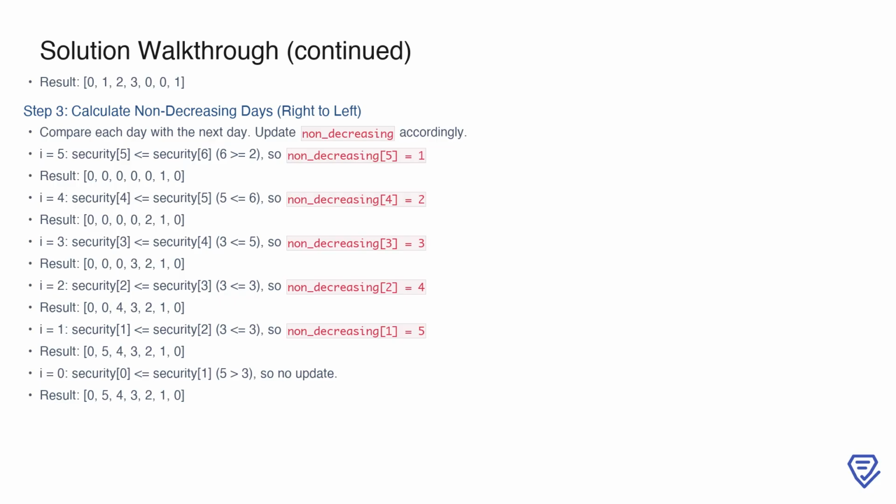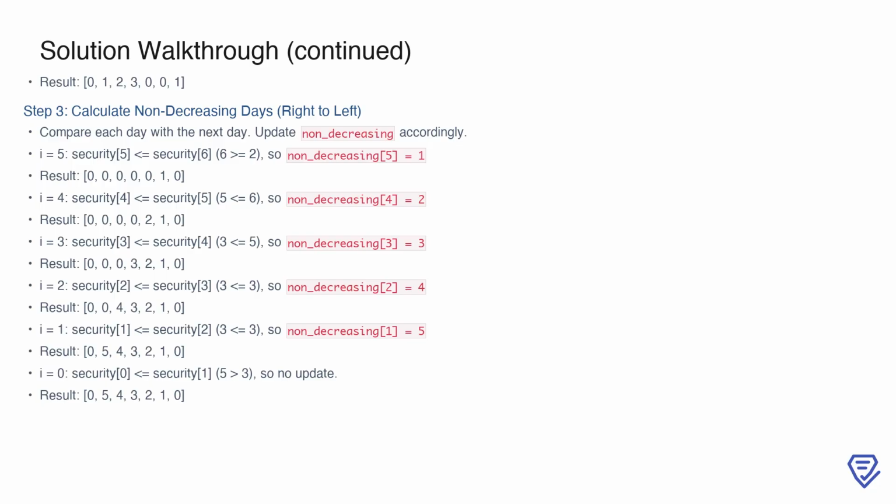Next, we focus on calculating the non-decreasing array, which is done by scanning the security array from right to left. Starting at the second to last day, we compare the current day's security level with the day after it. If the current day's security is less than or equal to the next day, we increment the value in non-decreasing by adding 1 to the next day's value.